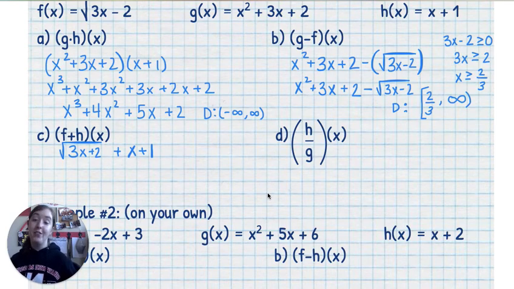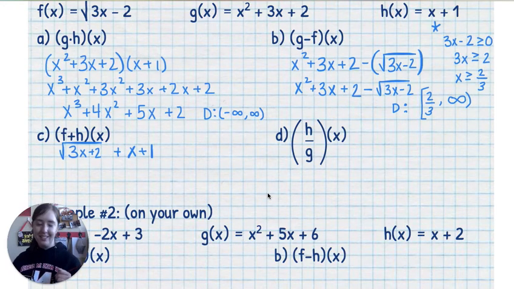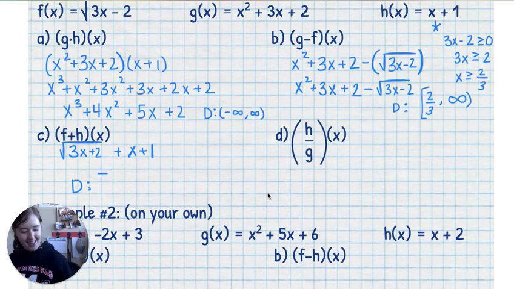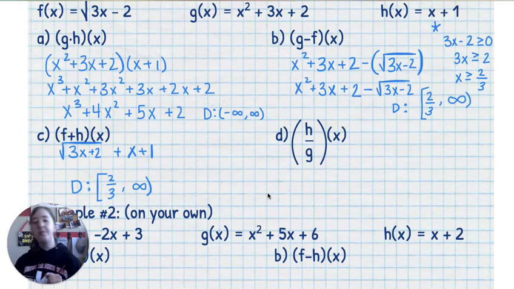Now we have to look for any restrictions. So once again, I have that same square root from earlier, right? So I already did this. You don't have to do it again. We still know that on this one, the domain's going to be the same situation, 2/3 to infinity. Good deal.